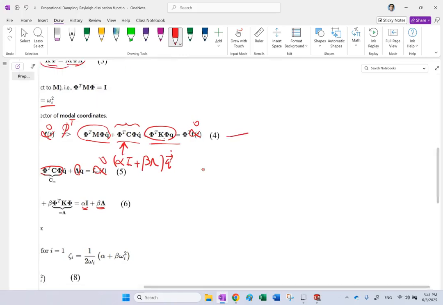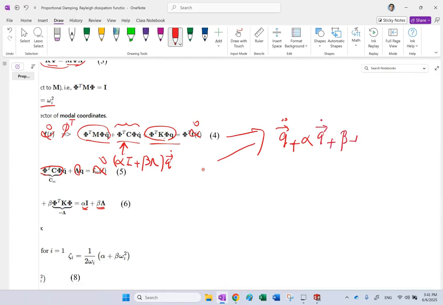Therefore, your equation becomes q double dot plus alpha times q dot plus beta times lambda times q dot plus lambda times q equals 0.